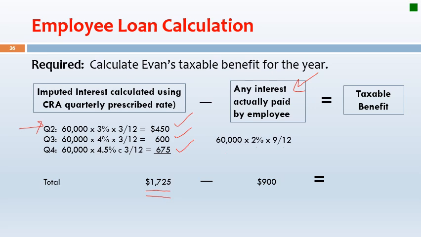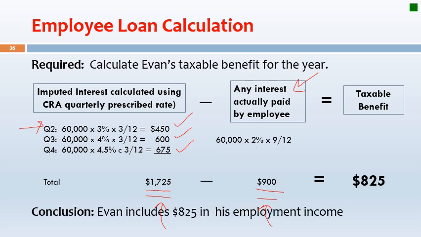That's 9 months out of the 12 months in the year, for a total of $900. We'll subtract that, because that's not the benefit that he received. The total benefit he receives is the imputed interest minus the interest he was actually charged, for a total taxable benefit of $825.